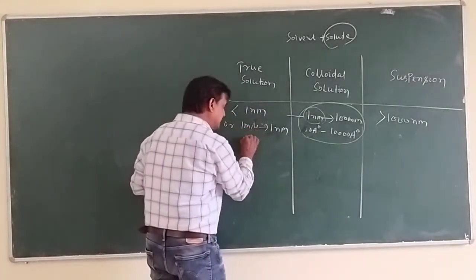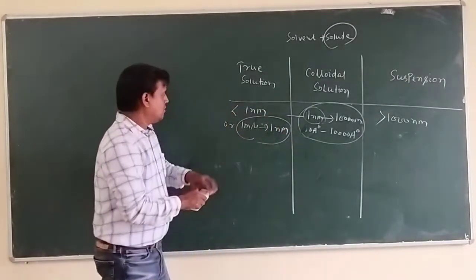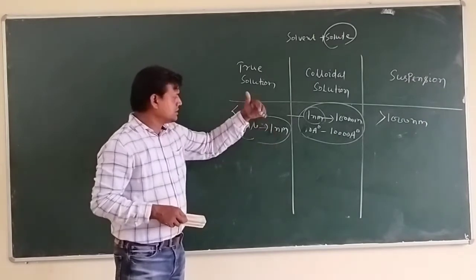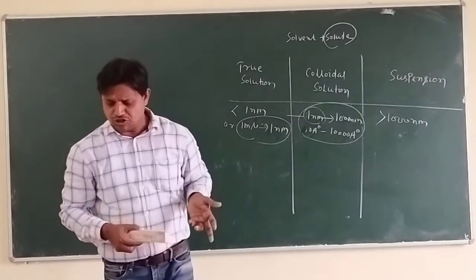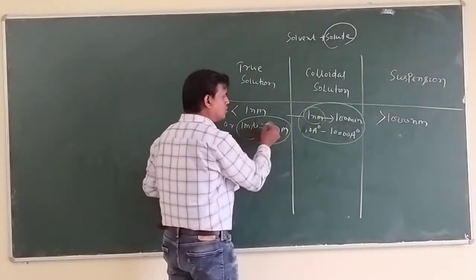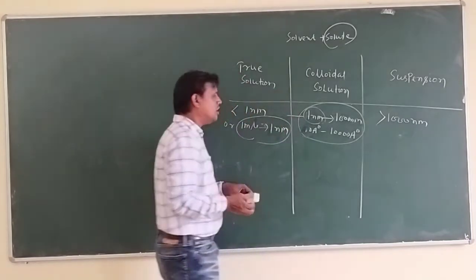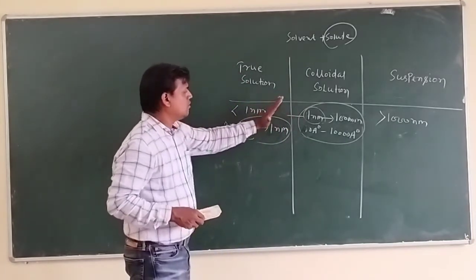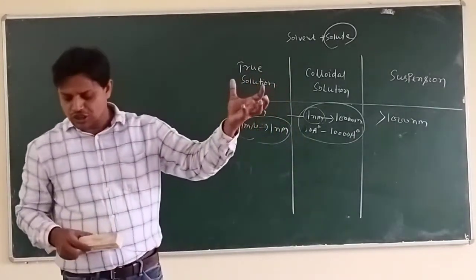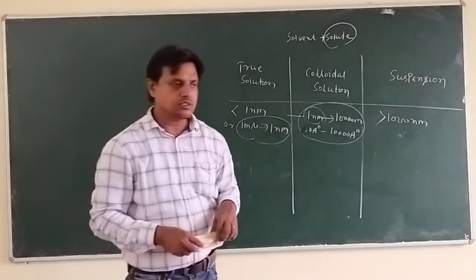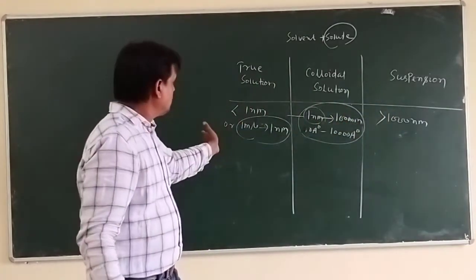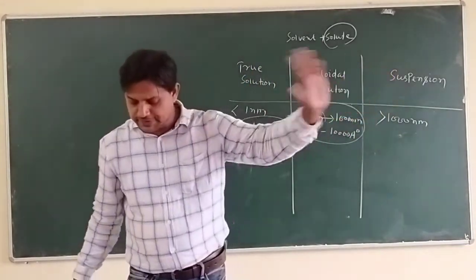You can also express it in another unit, 1 millimicron to 1 nanometer. So this is the particle size range of true solution, colloidal solution, and suspension.